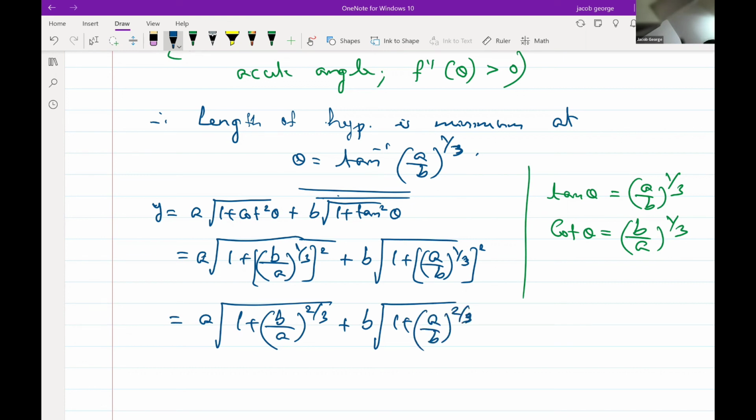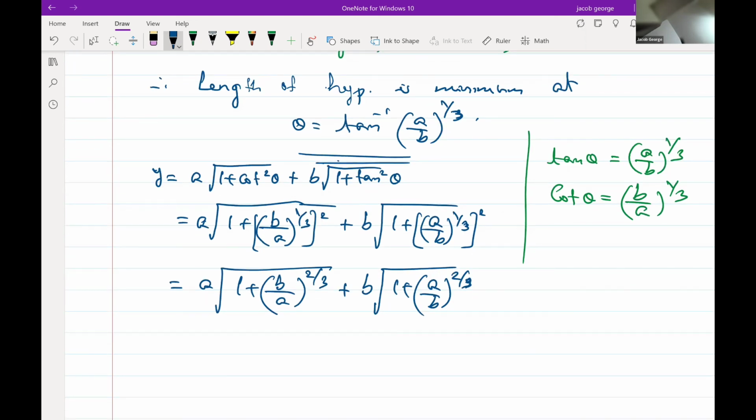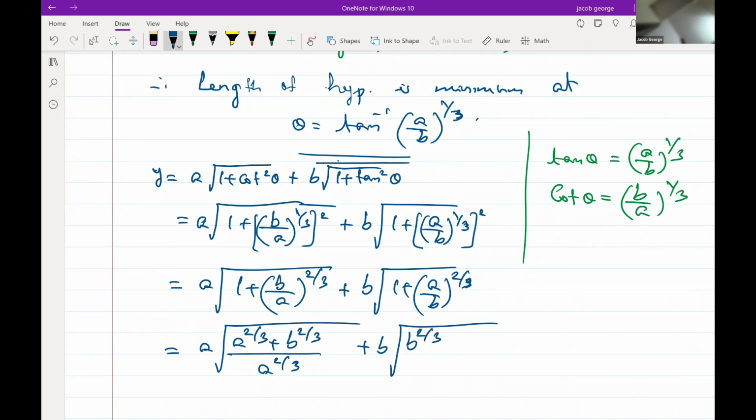Then we can take the LCM. Taking LCM, that will be a into root of (a raised to 2 by 3 plus b raised to 2 by 3) by a raised to 2 by 3, plus b into root of (b raised to 2 by 3 plus a raised to 2 by 3) by b raised to 2 by 3.